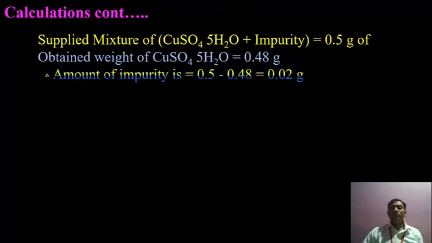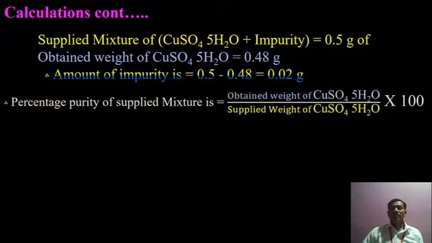Therefore, the amount of impurity present in the supplied salt is 0.5 minus 0.48, which is equal to 0.02 gram.